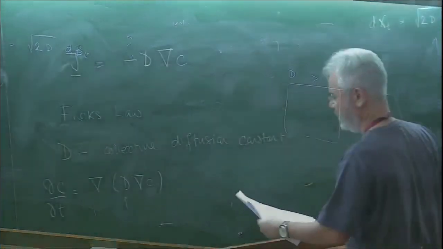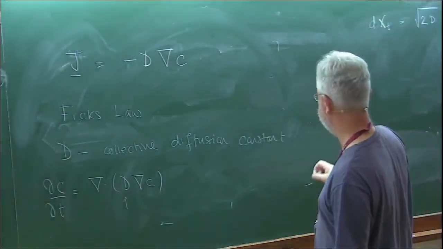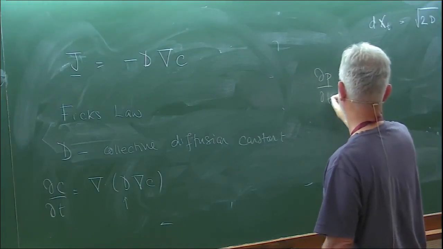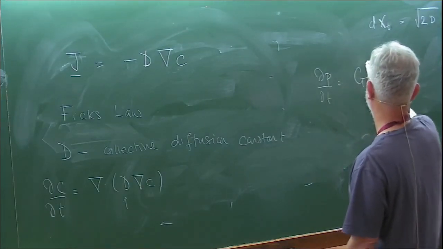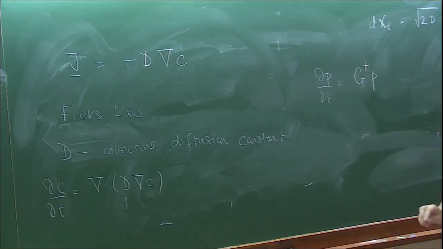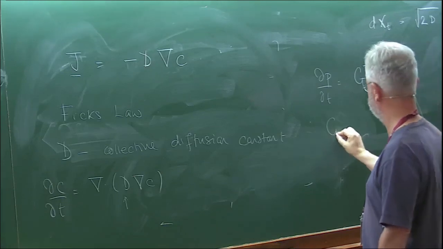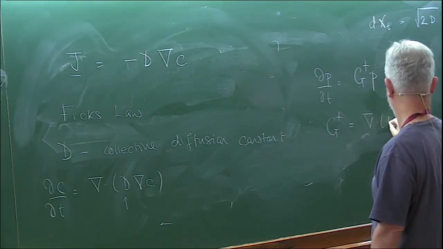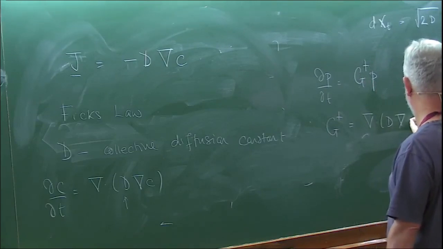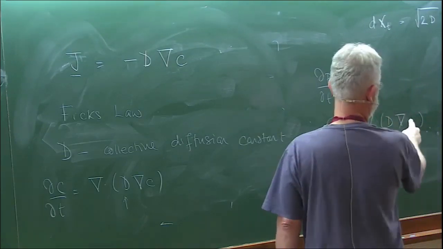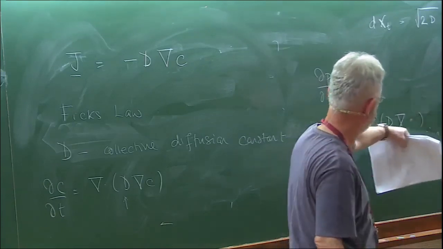So if I write down the diffusion equation, it's dP by dt equals G times P, where G is the generator of the diffusion. So G dagger, as an operator, just takes the divergence of D gradient, okay?